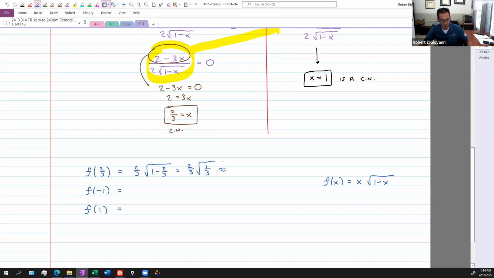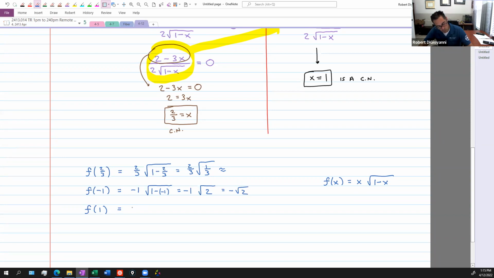I'm not going to quite do that yet. And then plug in -1, we'll get -1 times the square root of, careful here, 1 minus -1. That's going to be -1 times the square root of 2, because you're doing minus minus plus, right? And so that's -√2.